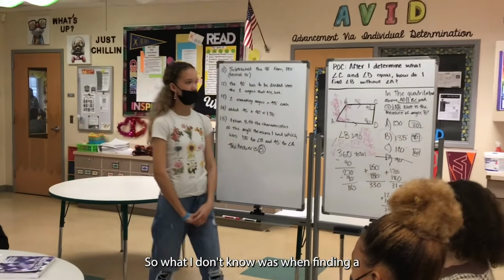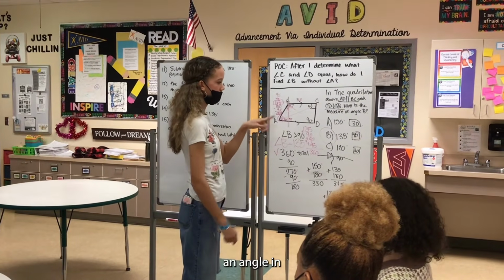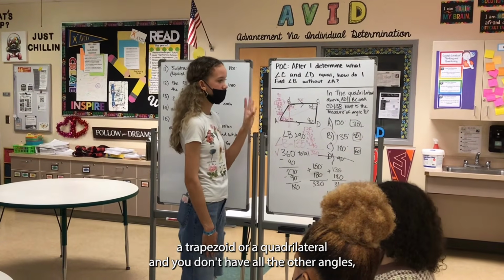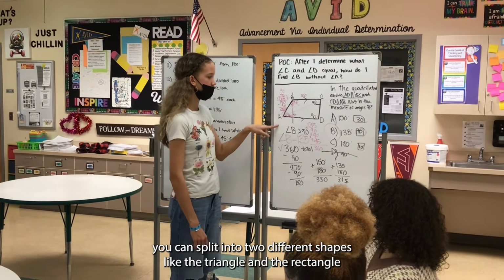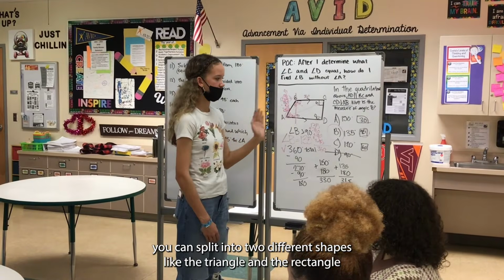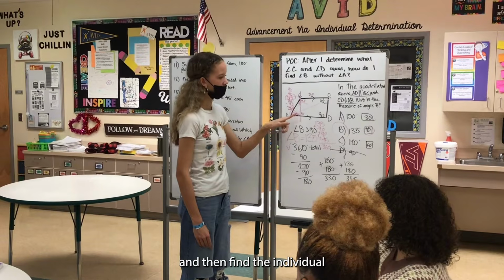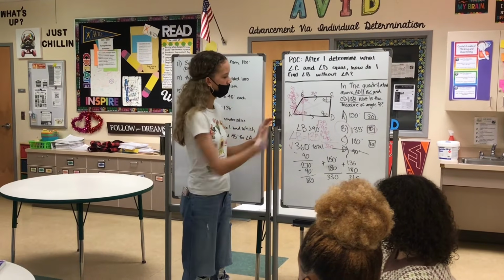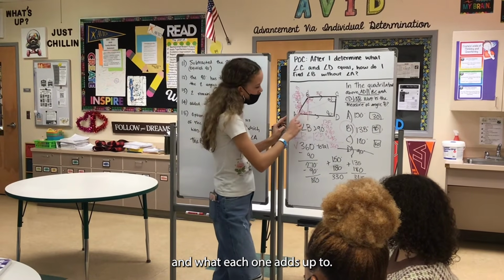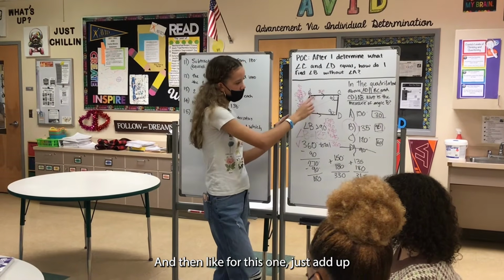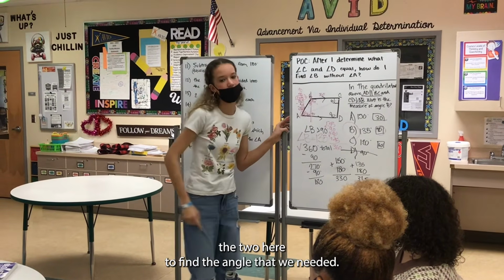So what I learned today was that when finding an angle in a trapezoid or a quadrilateral, and you don't have all of the other angles, you can split it into two different shapes, like the triangle and the rectangle, and then find the individual angles and angle measures and what each one adds up to, and then for this one, just add up the two here to find the angle that we needed.